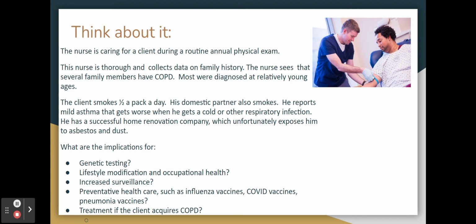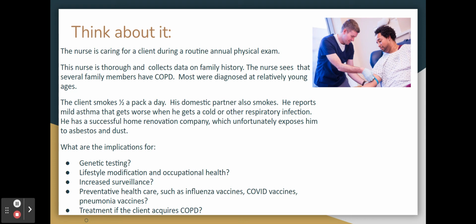Client smokes a half a pack a day. His partner smokes. He reports mild asthma that gets worse when he gets a cold or other respiratory infection. And he's exposed to a lot of particulate matter through his job, asbestos dust, maybe chemicals. So, what are the implications for this person? Well, at the moment, he probably would not be offered genetic testing, but that may change.